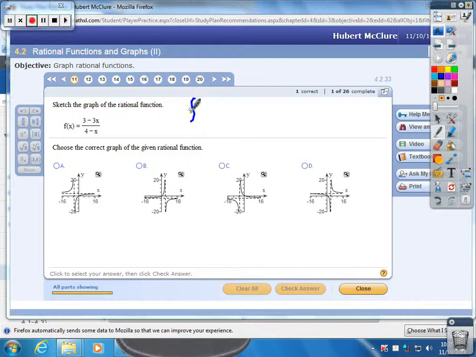So I'm going to rewrite it. f of x is equal to negative 3x plus 3 over negative x plus 4. You could factor out a negative 1 and then let the negative 1s do what? Cancel and make it prettier. I would probably do that just because I don't like this. So I'm going to factor out a negative 1 here and a negative 1 here.